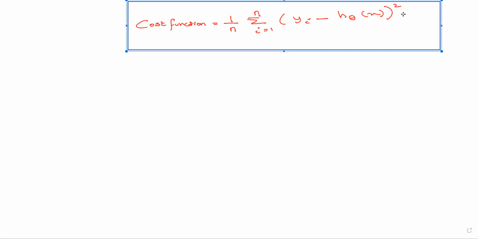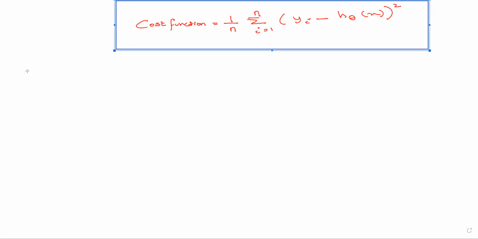The cost function is 1 by n, the summation from i equal to 1 to n, where n is the number of data points, of (yi minus h theta of x) whole squared. Clear? This is the MSE.